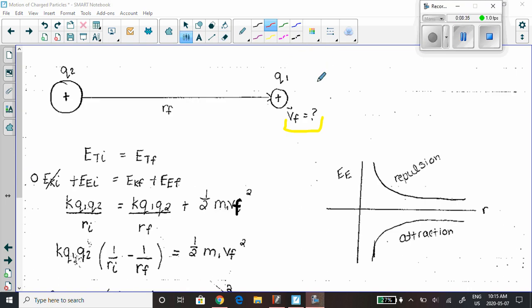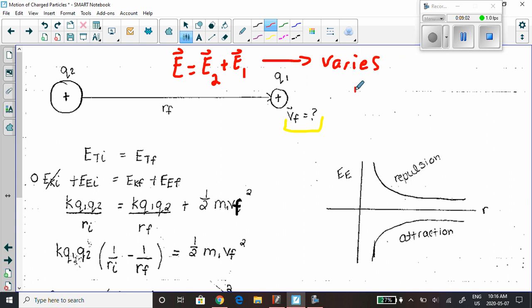Now, the thing you have to realize, and it's really at the heart of why we had to use energy methods, is that the electric field in this area is caused by the electric field from charged particle Q2 plus the electric field from charged particle Q1. And this field varies. It's not constant.